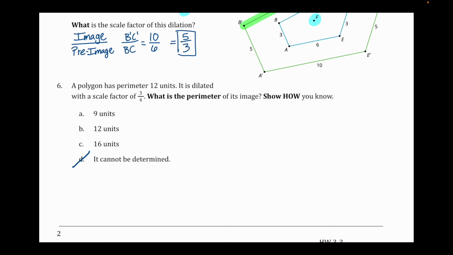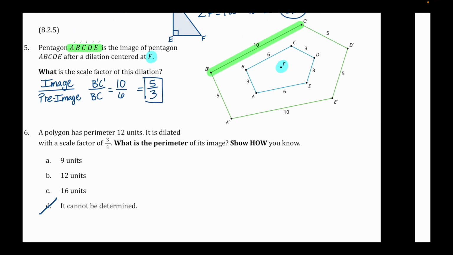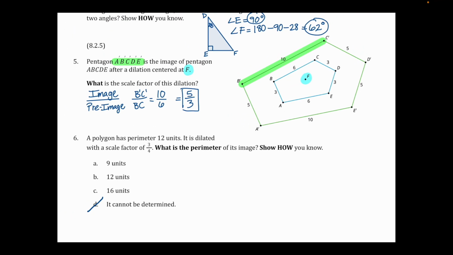So we are essentially going to take that perimeter and multiply it by 3/4. Because just like my polygons up here, in this case it's a pentagon, each of the sides is going to get dilated by that same scale factor. So what I'm going to do is say 12 and multiply that by 3/4.